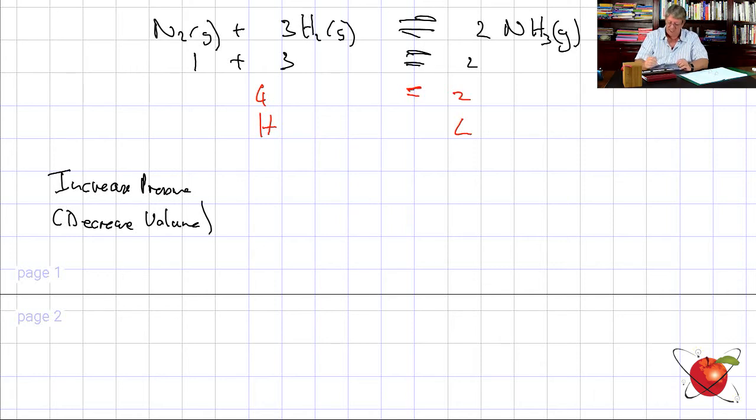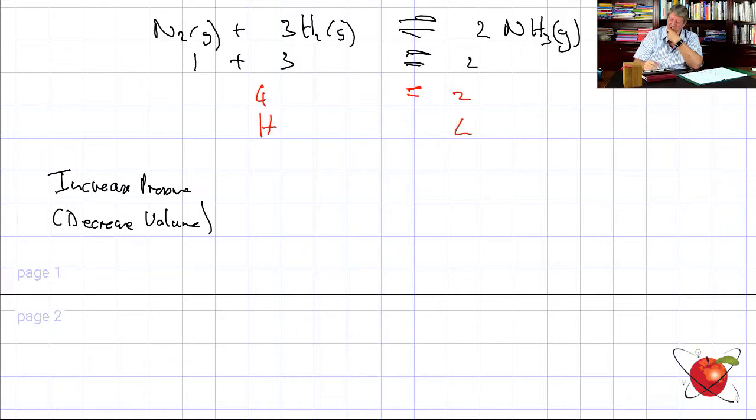Well, we increase the pressure, we decrease volume. Therefore, according to Le Chatelier, you have altered one of the states of equilibrium. Therefore, the reaction will proceed in the direction to reduce the change that you made.